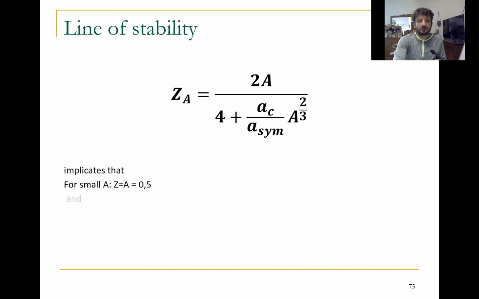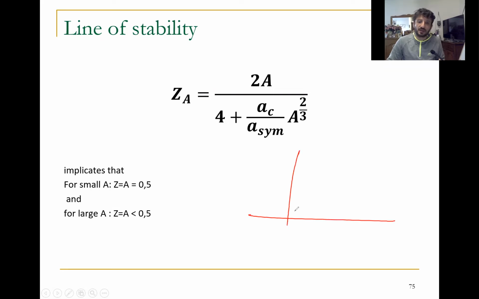I want to take two conditions. If you come back to the nuclear chart, for the light nuclei, in general, they have the same number of N and Z. In general, it's like this.